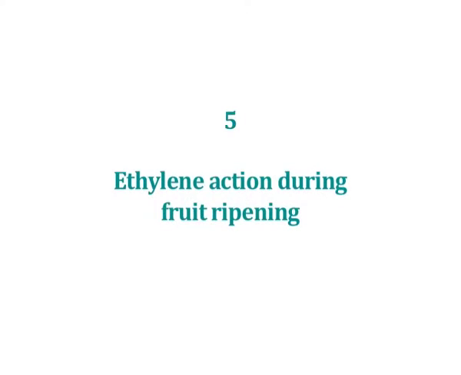Next is the ethylene action during fruit ripening. Fruit ripening process involves rapid increase in respiratory activity, and as the rate of respiration increases, ethylene exerts its effect by affecting membrane permeability and activating genes.